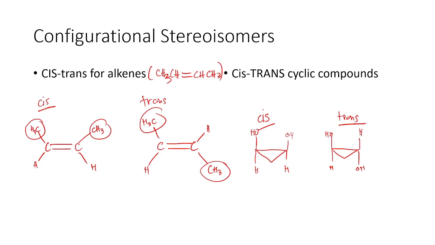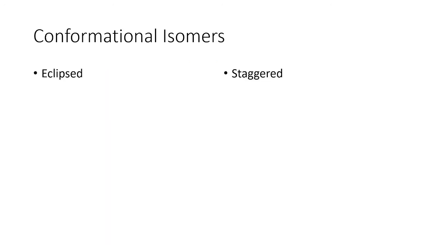So for the last part of our stereoisomers, wherein they have the same locations of bonds, they have the same molecular formula, we have here what we call conformational isomers. So for conformational isomers, what happens here is just the rotation of the single bonds.